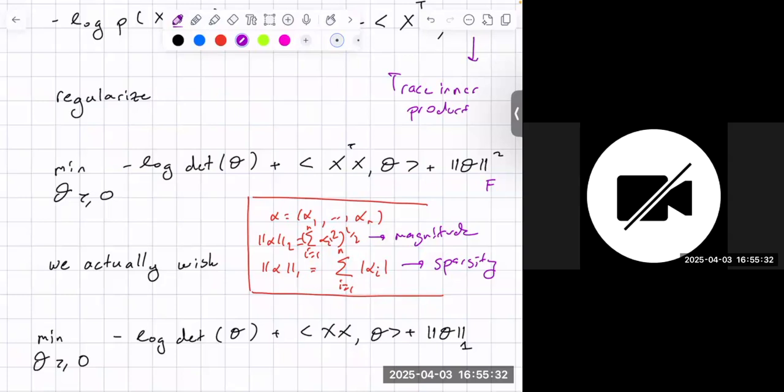If it is too big, this is going to be a huge number, your gains from here will be killed, so you're not going to be doing minimization. Regularization is this idea: you have an objective function, you would like to regularize whatever parameters you're getting out of it, and then you get to decide how to regularize it. This way, you will only regularize how big it is, and this way, you're also caring about the sparsity.